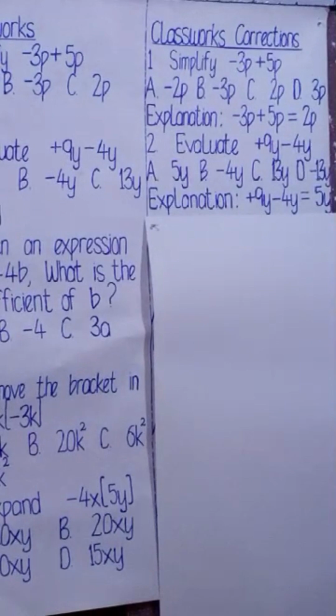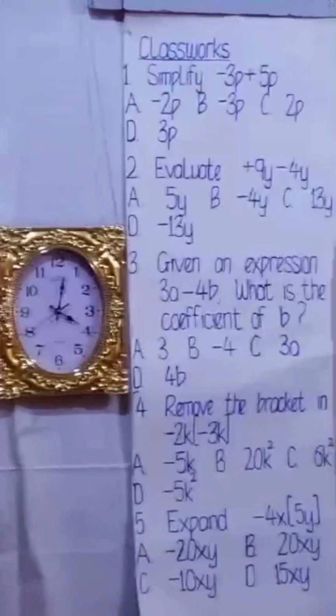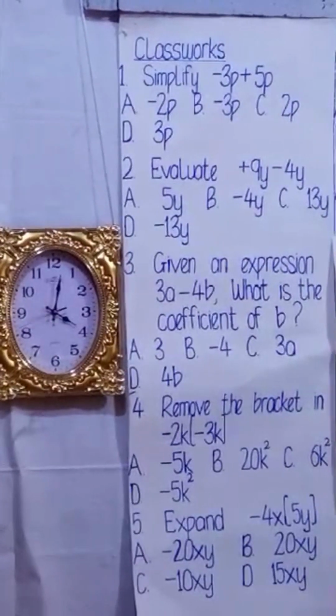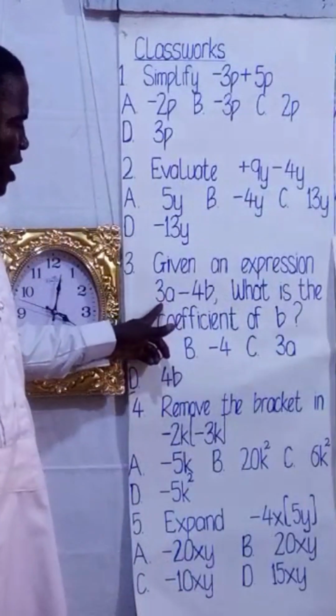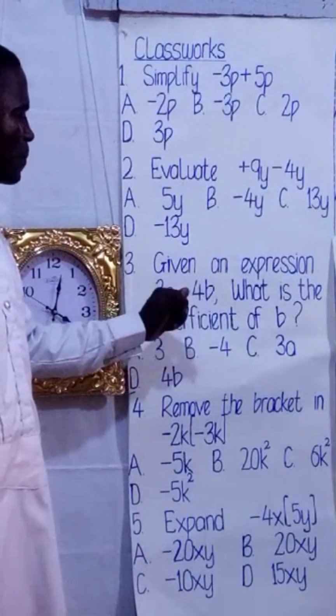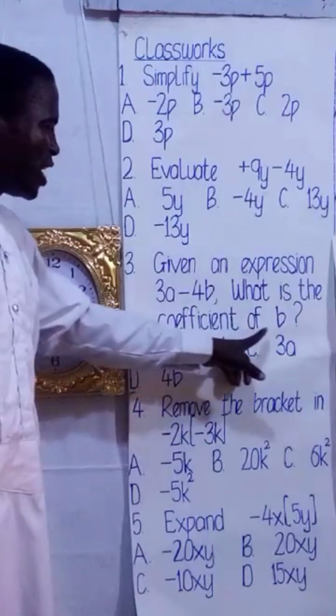Now, let's quickly go into number 3. Class activity 3. Given an expression 3a minus 4b, what is the coefficient of b?